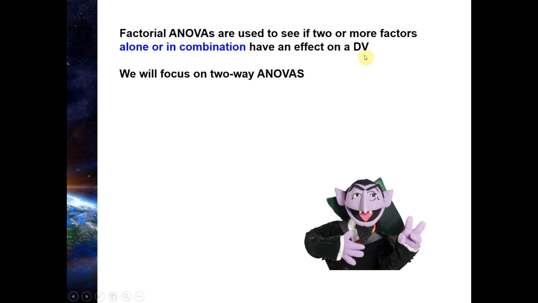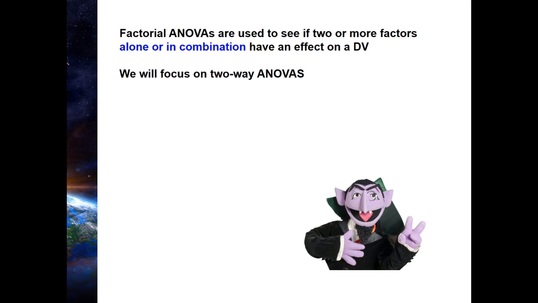Now, remember that the number in front of the word way tells you how many independent variables you're analyzing. So in the previous chapter, it was one-way ANOVA. That means one independent variable, okay, 3 or more levels. With factorial ANOVAs, at the very most basic level, you have a two-way ANOVA.